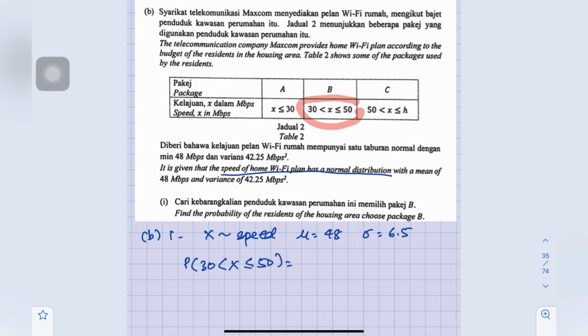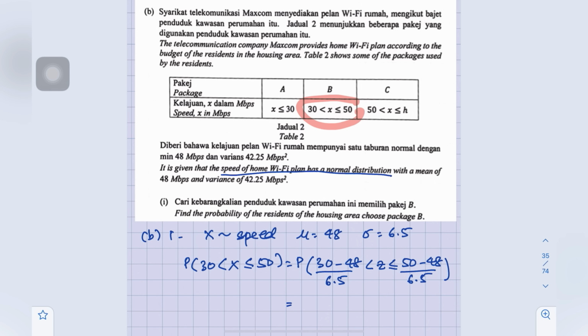First of all, we need to make it standard by using the z-score. Z equals x minus mu over sigma. So 30 minus mu 48 over 6.5, which is now converted to z. And this one 50 minus 48 over 6.5.